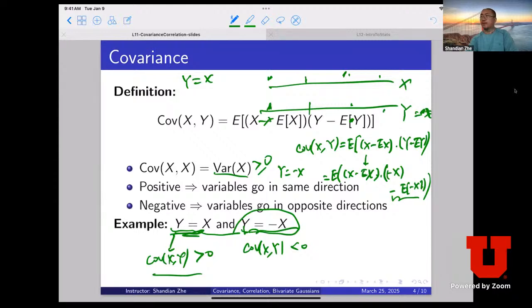So what is the expectation of negative x?